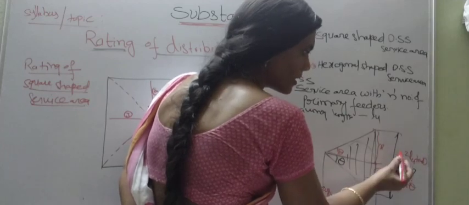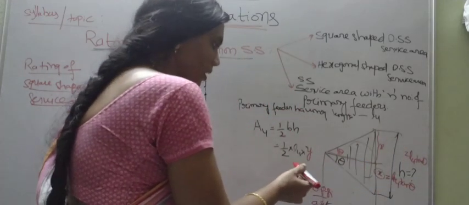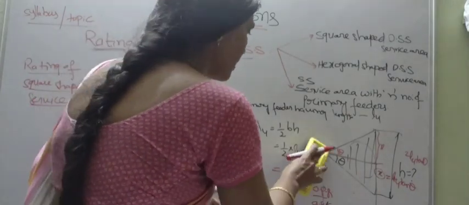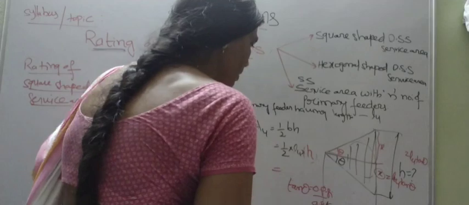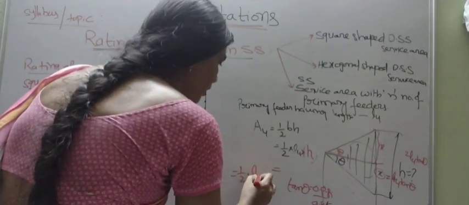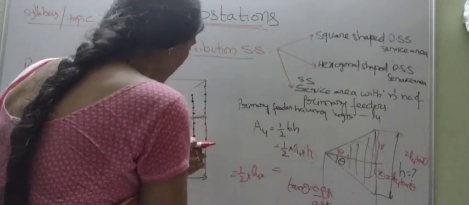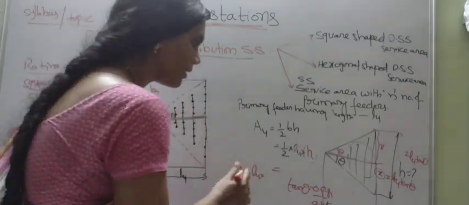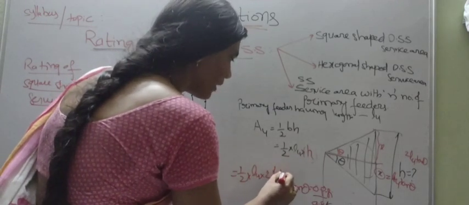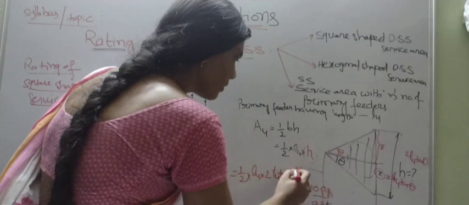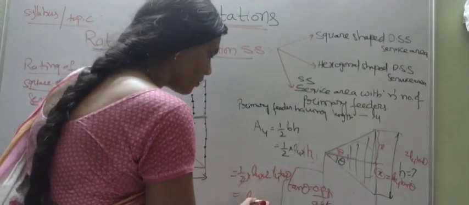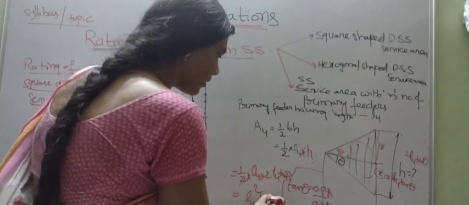Now substitute for the height: the base is L4, the height is 2 L4 tan theta. The 2 gets cancelled, and L4 into L4 gives L4 square tan theta.